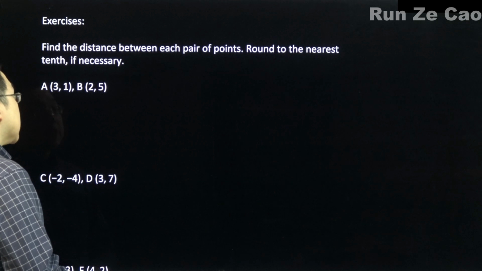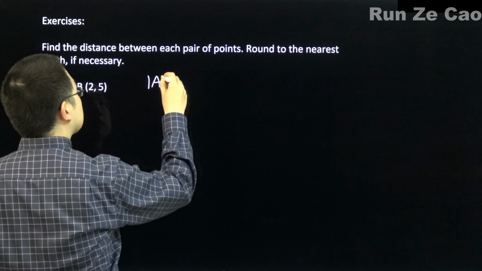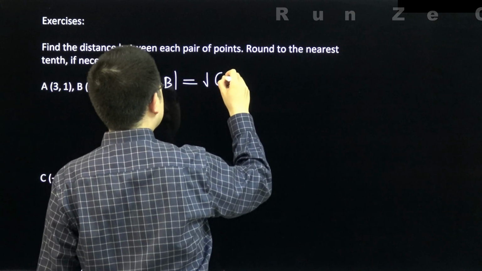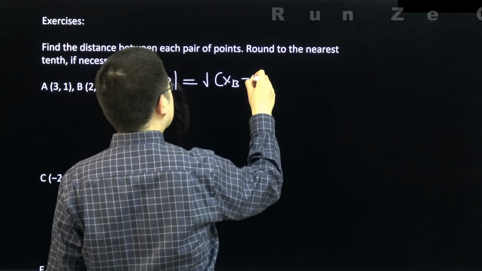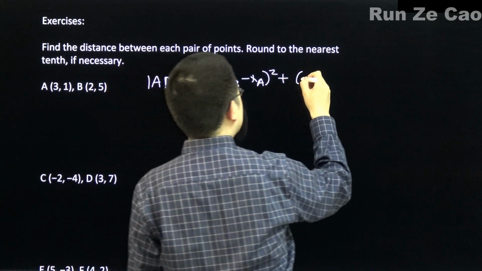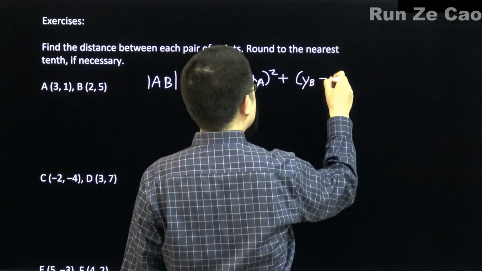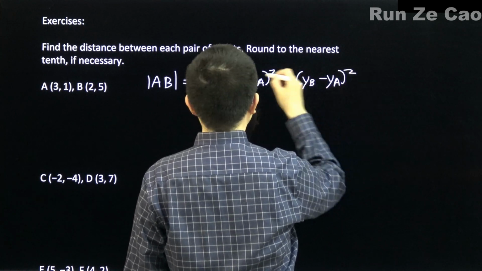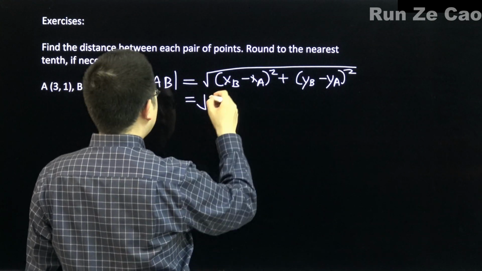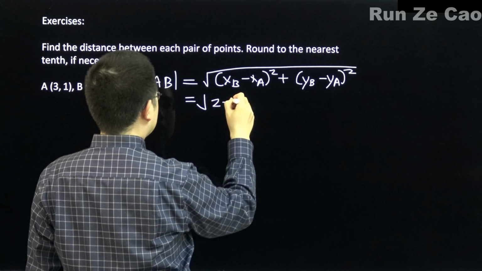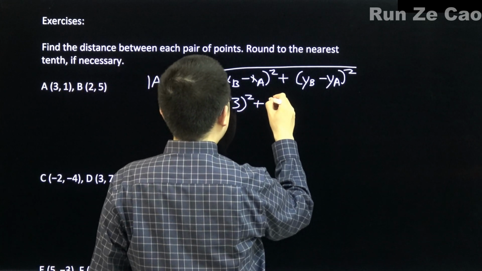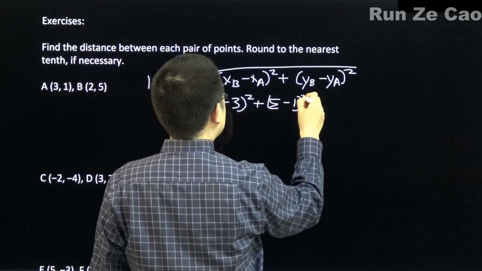The distance between A and B is, well, magnitude AB, this is how I'm used to writing it, is equal to the square root of (xb minus xa) squared plus (yb minus ya) squared, which is equal to the square root of (xb is 2 minus xa is 3) squared plus (yb is 5 minus ya is 1) squared.